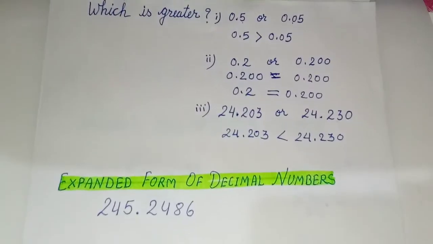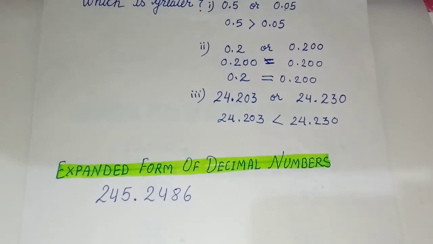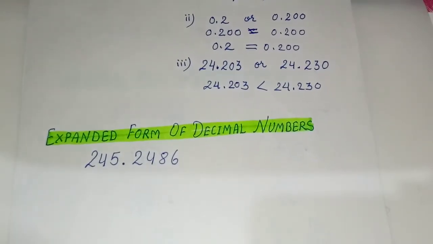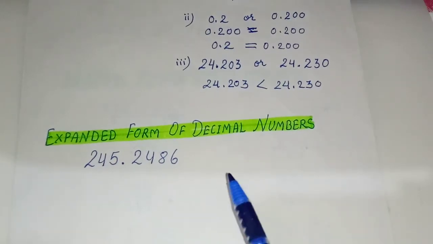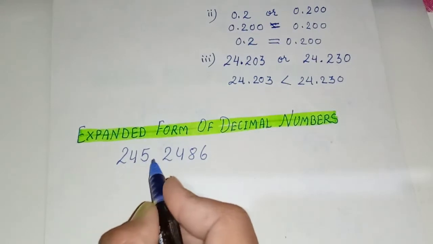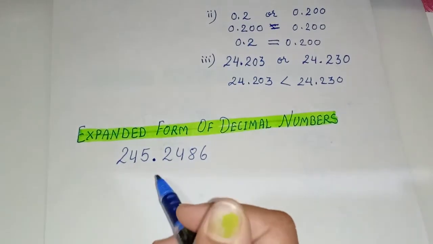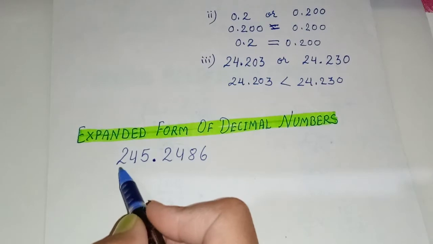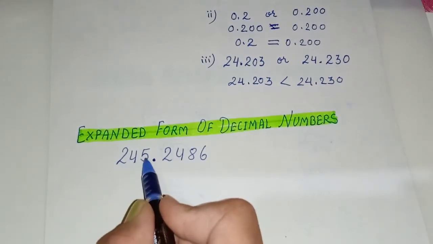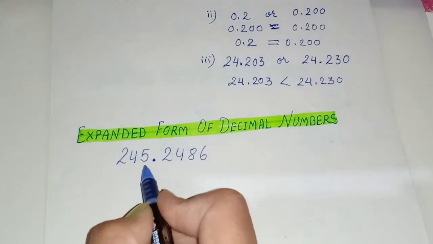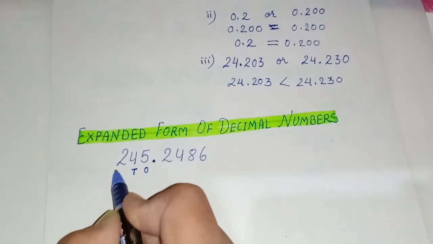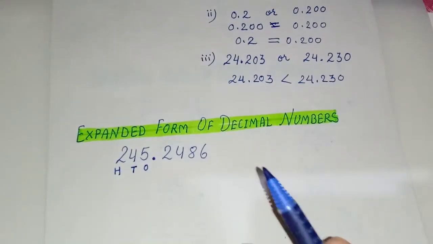Now let us see the expanded form of decimal numbers, how to write decimal numbers in expanded form. Here I have written one decimal number, and I am going to write it in its expanded form. See it here. First, as we usually write the expanded form, the number given before the decimal we will write as it is in general form, as ones, tens, hundreds. Before the decimal we place them in this way only, as we always do: ones, tens, hundreds, right?